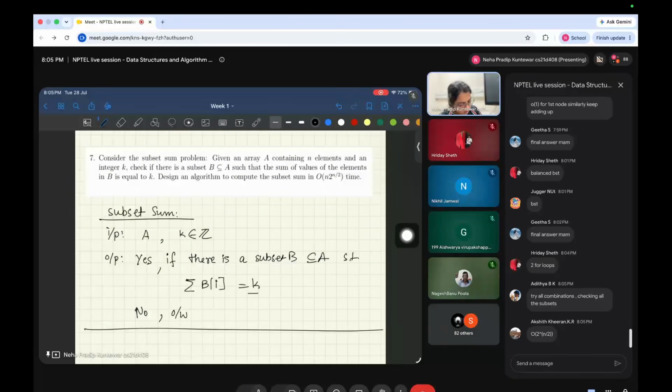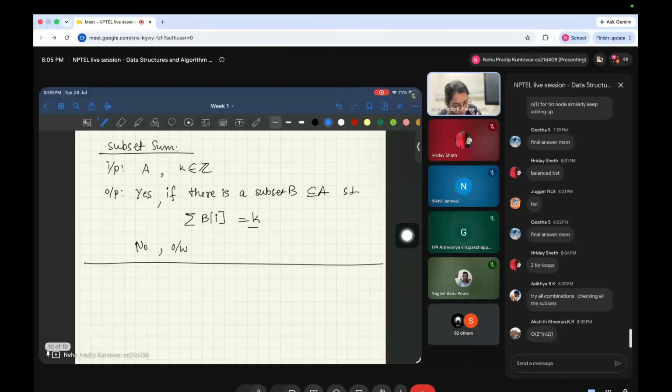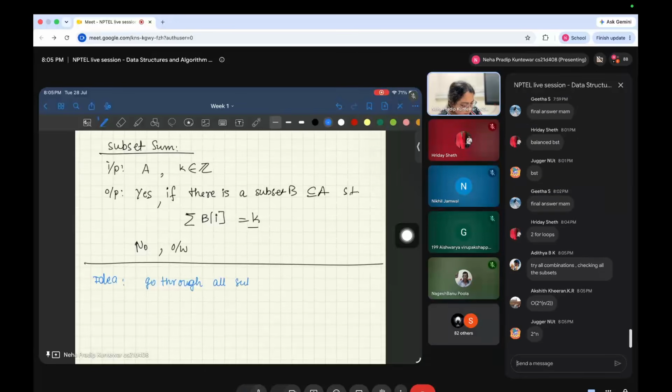So the idea one is that go through all subsets and check if the sum of elements in B is equal to k.